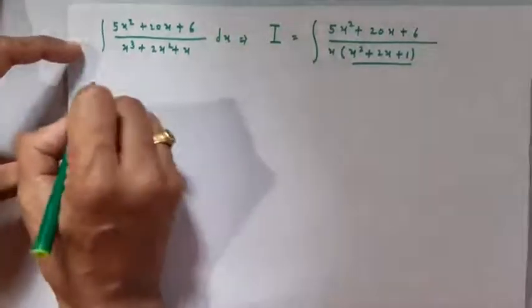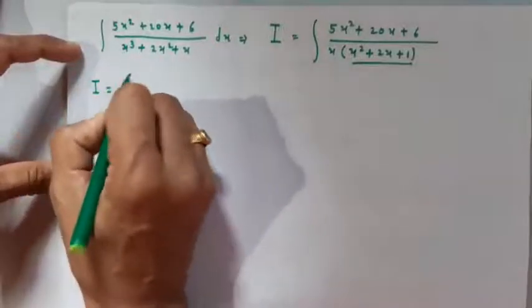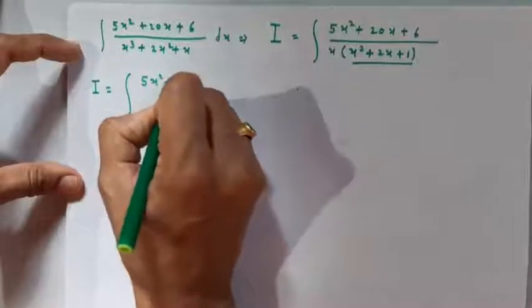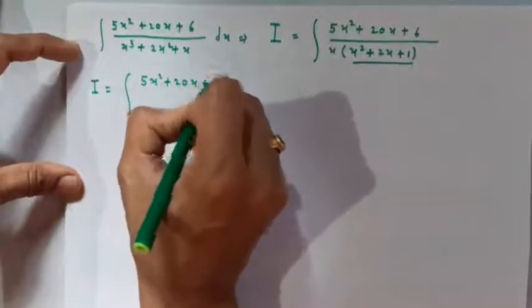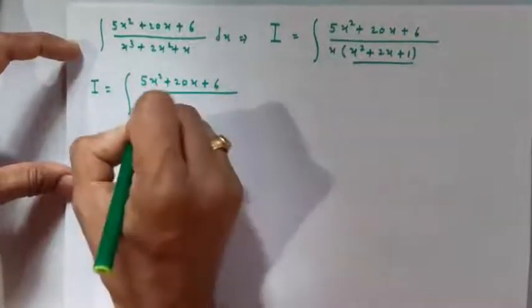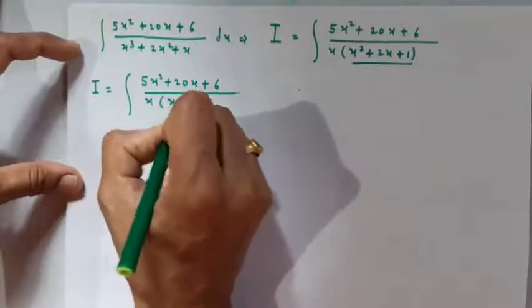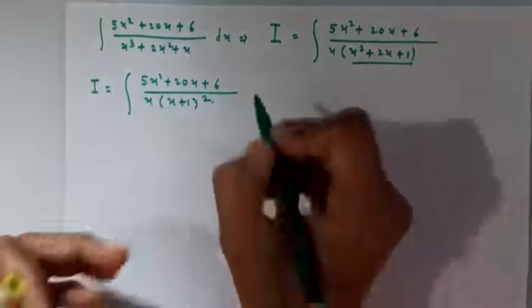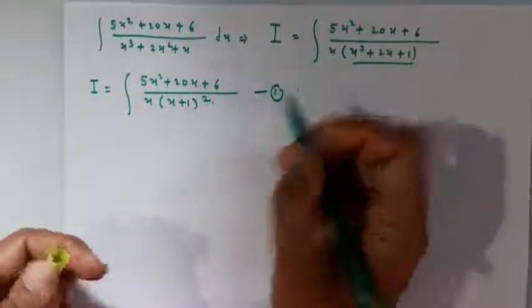Therefore the integration I equals 5x square plus 20x plus 6 upon x into x plus 1 whole square. Now let us consider how to solve this integration.